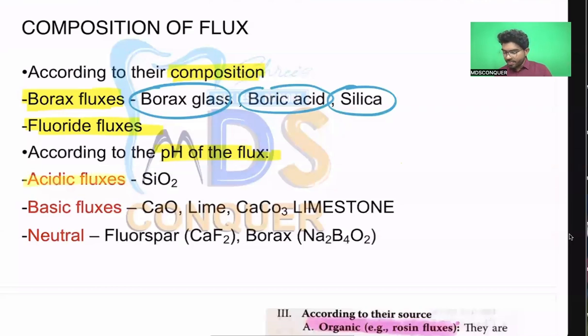Acidic fluxes are SiO2, basic fluxes are either lime or limestone, that is CaO or CaCO3. Neutral fluxes are either fluorspar, that is CaF2, or borax fluxes, that is Na2B4O7. They can ask you what is acidic flux, what is basic flux, what is neutral flux.